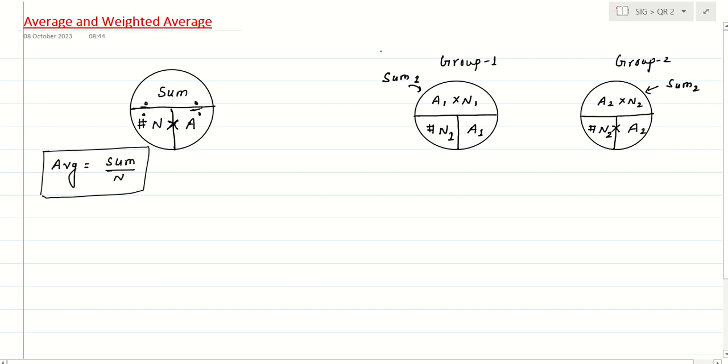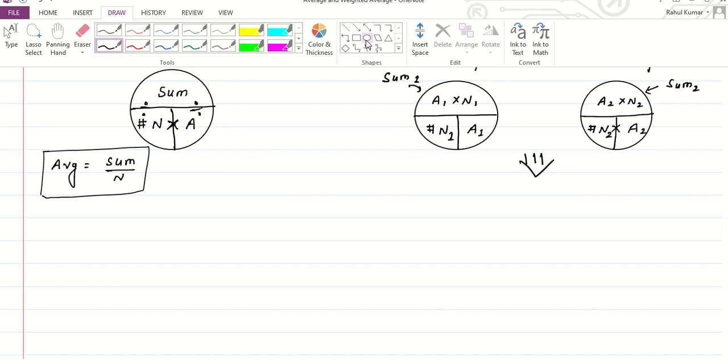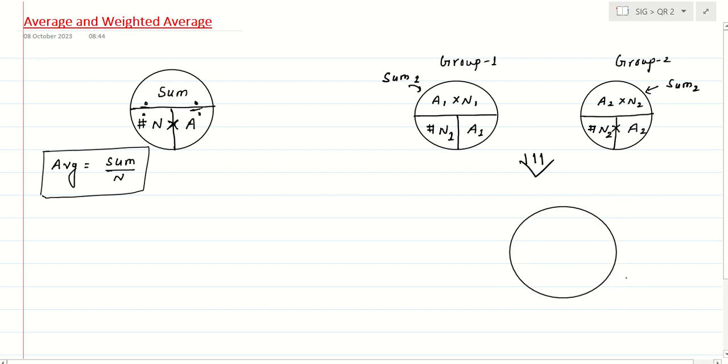Now if I want to find the average of these two combined together, the average of salaries of the employees that belong to group 1 and group 2 together is called weighted average. So how to find the weighted average?